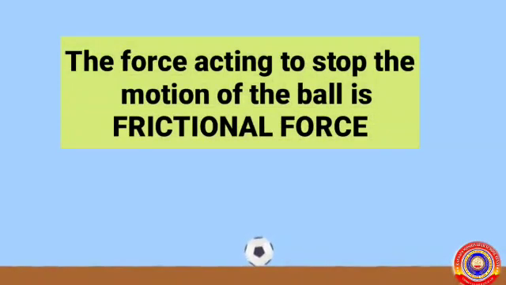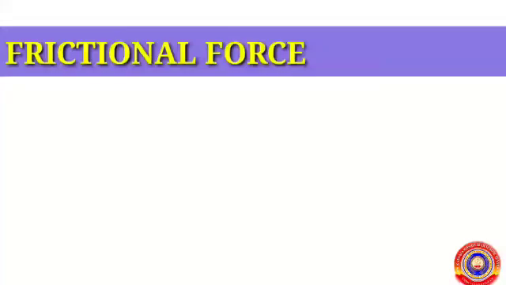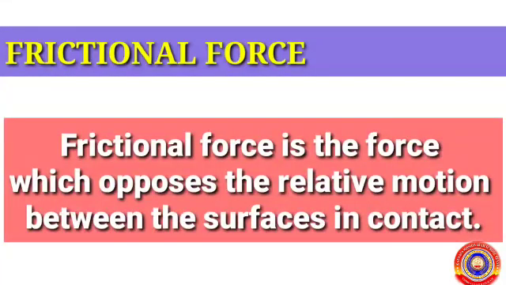We have already learned that a force is needed to bring a body from state of rest to motion and motion to rest. Here also the same thing happens. The force acting to stop the motion of the ball is frictional force. Frictional force is the force which opposes the relative motion between the surfaces in contact.